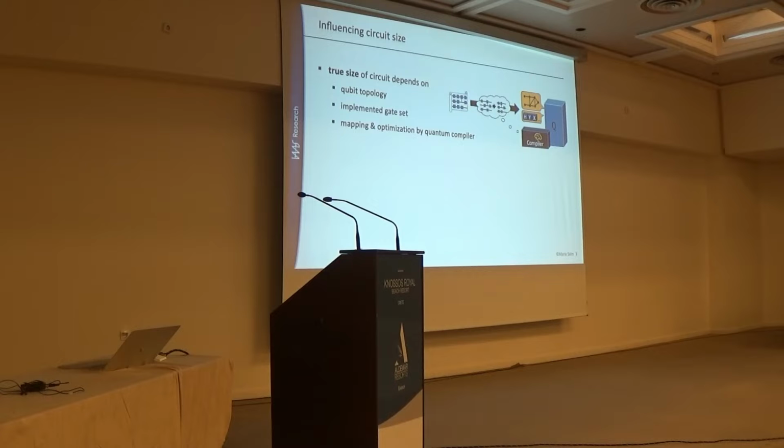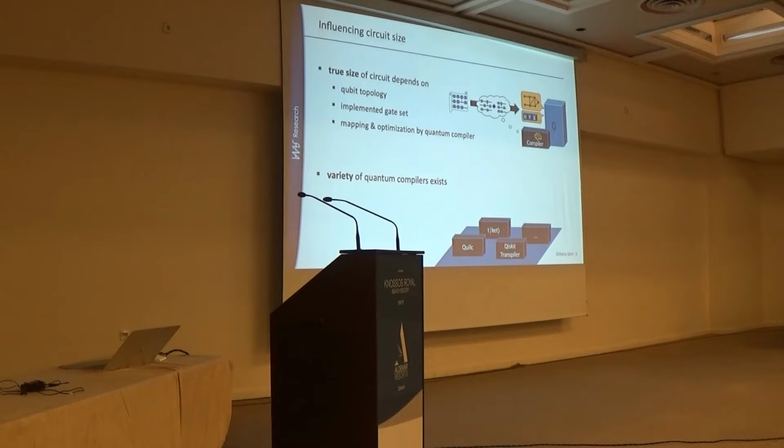And so besides this mapping of the gate sets as well as on the physical qubits, the quantum compiler also enables an optimization. So for example, it parallelizes the gates such that the depth of the resulting compilation result is reduced.